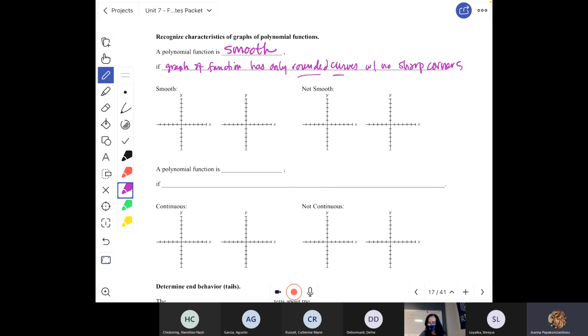So examples of smooth. Can anybody tell me a graph that we may know and love? y equals x squared? Yeah, that's smooth. Anything else? Yeah, that's smooth.